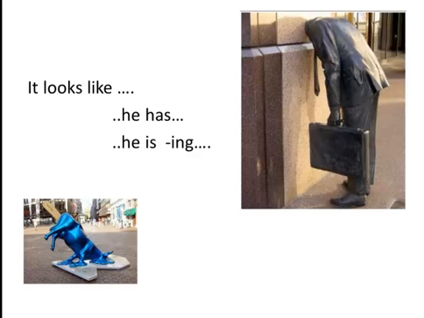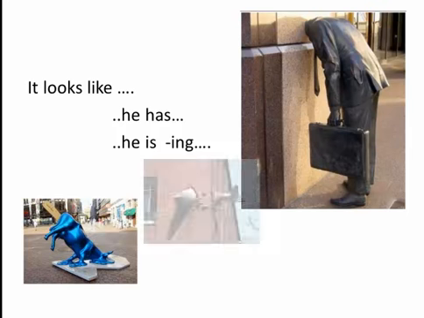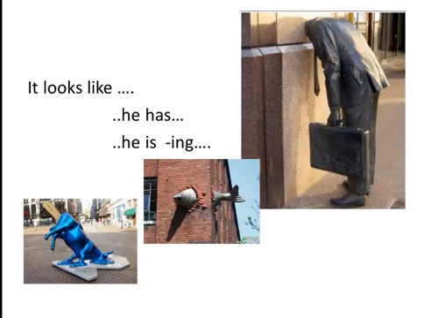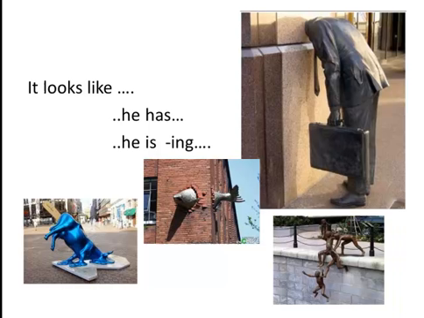It looks like he is melting, for example, or it is melting. This was a nice one. It looks like he has crashed through the wall. So again, you could look at things which have recently happened using the present perfect here and are happening at this moment in time. This one I quite like too. Okay, it looks like they are jumping off the wall.